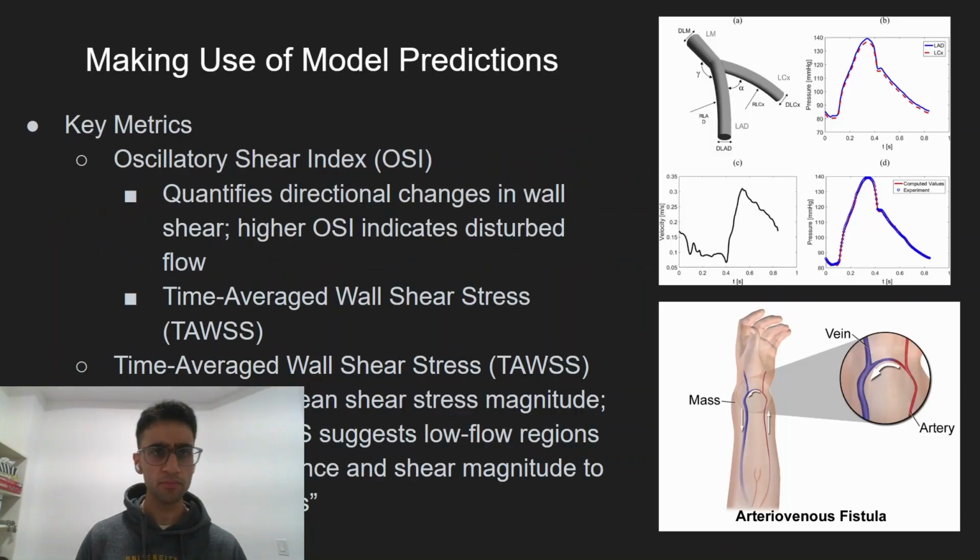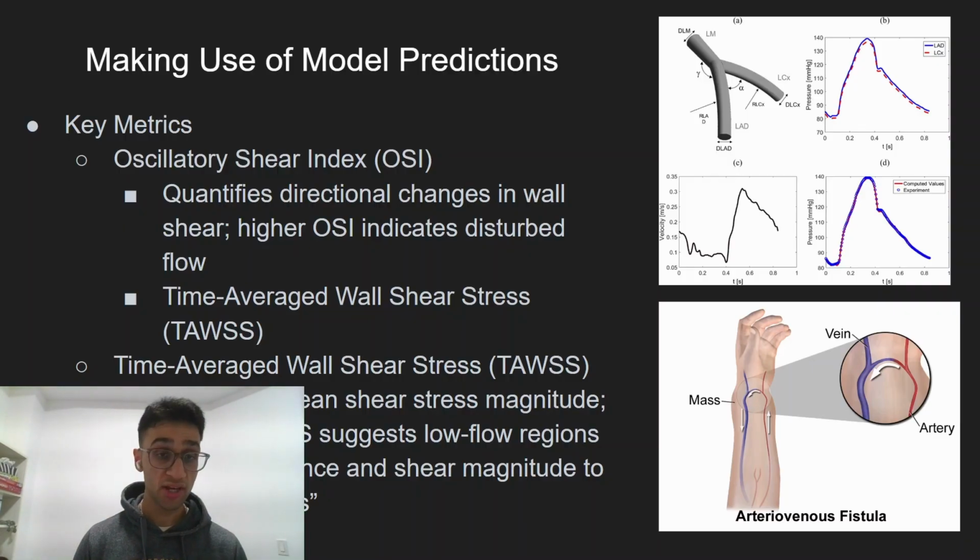So, before I get to the actual demo that Nicholas is going to show off, how do we make use of the actual model predictions? Well, we have some key metrics here: OSI and TAWSS. OSI quantifies directional changes in wall shear, and higher OSI indicates disturbed flow.